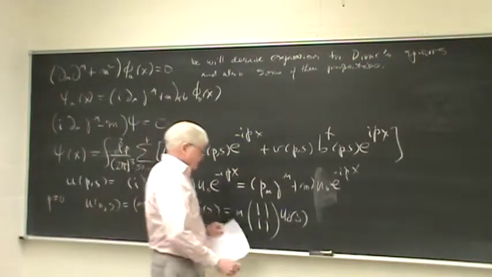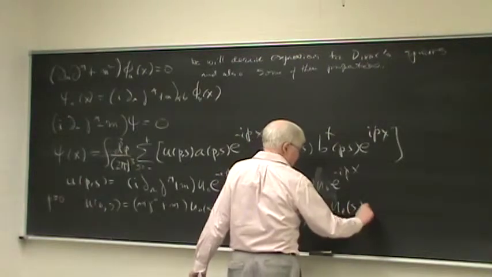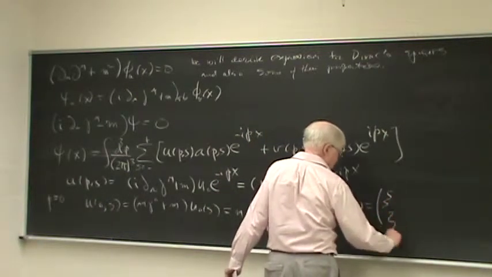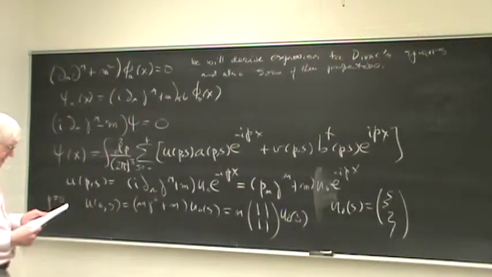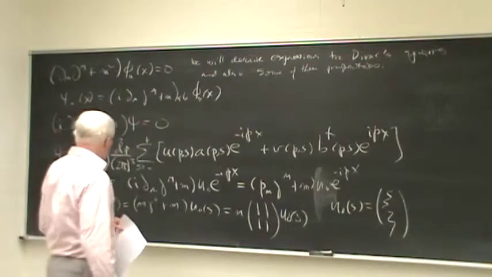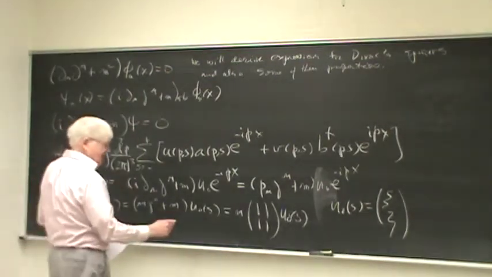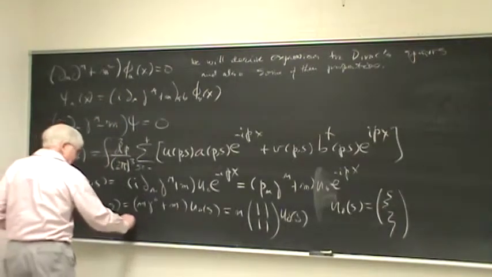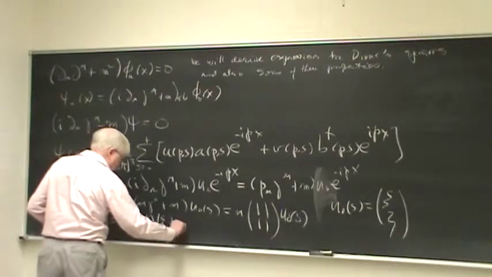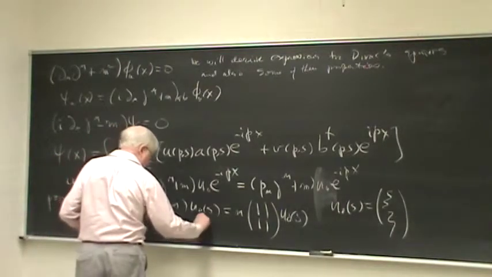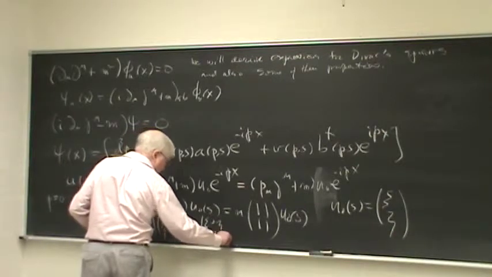Okay, now let's set u0(s) equal to some χ and some ζ. In other words, it's a 4-spinor, and I'm calling one χ, the other ζ. And so this u0(s) then is m(1,1,1,1)(χ,ζ), and so you see this is just m(χ+ζ, χ+ζ).